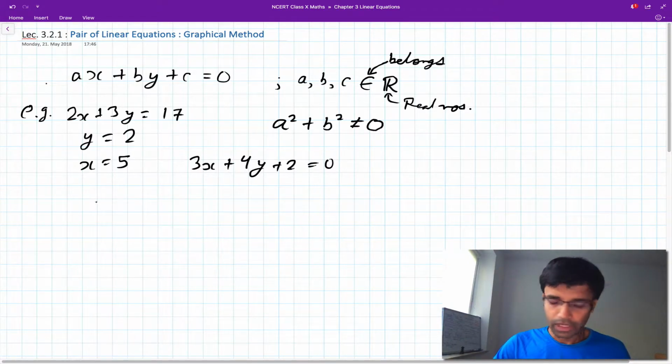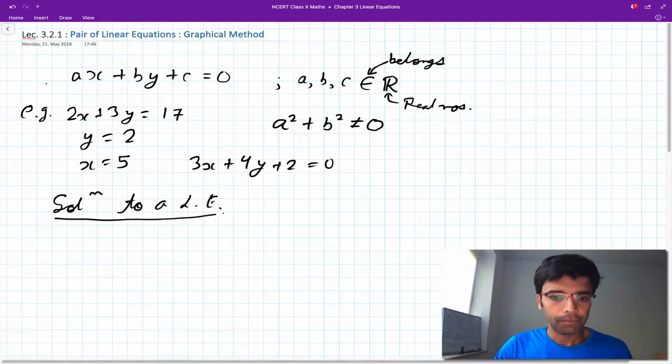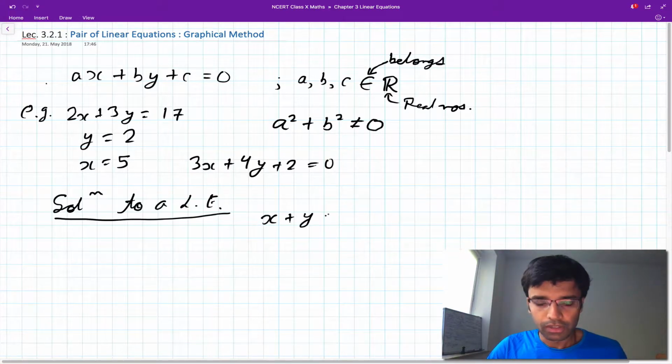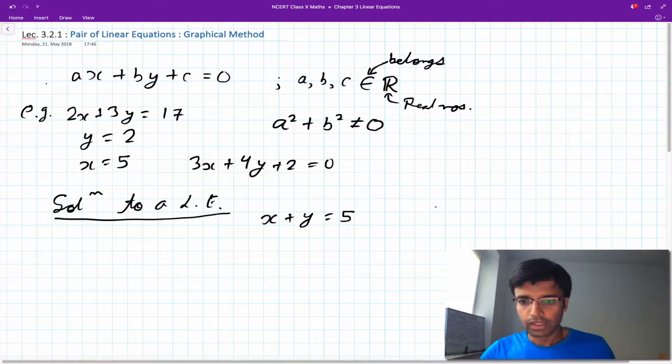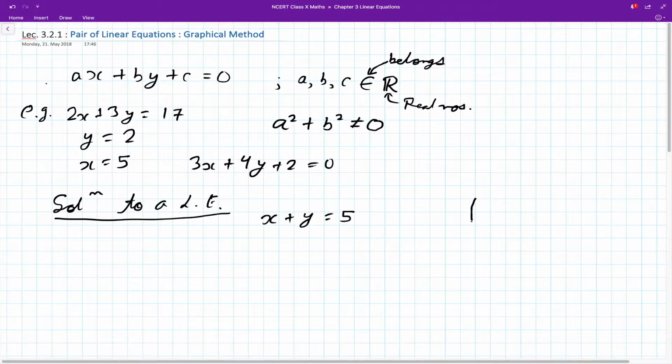Now what do we mean when we say solution to a linear equation? If we try to plot a linear equation, let's say we have the linear equation x plus y is equal to 5, and we try to make a graph for it.